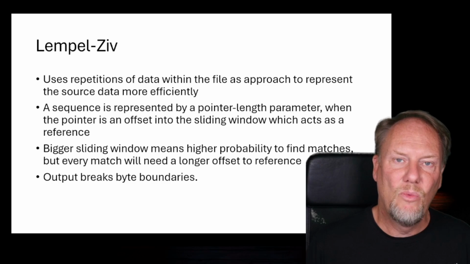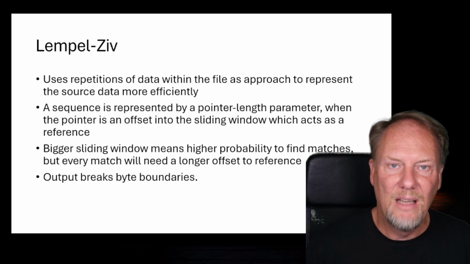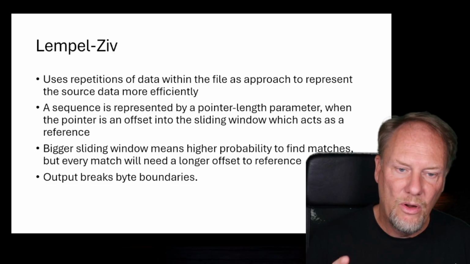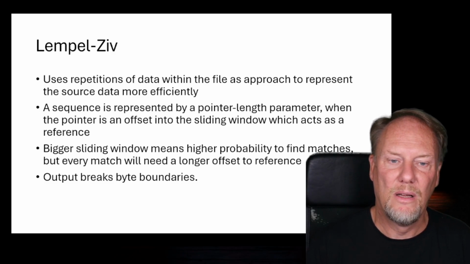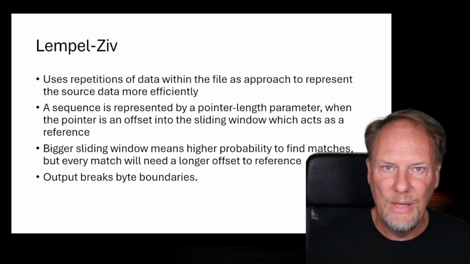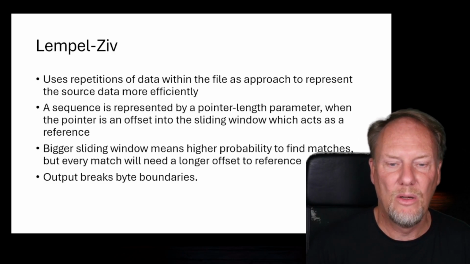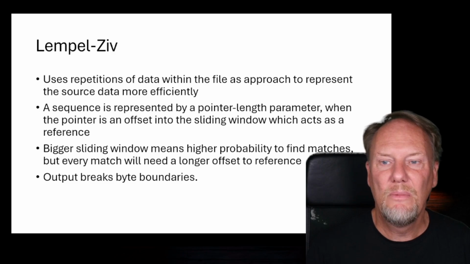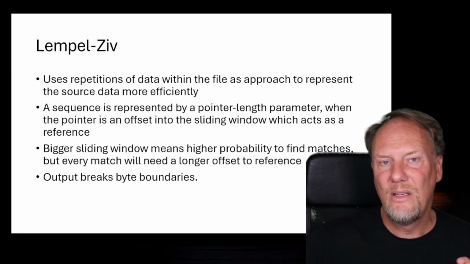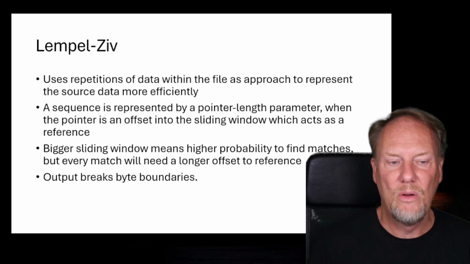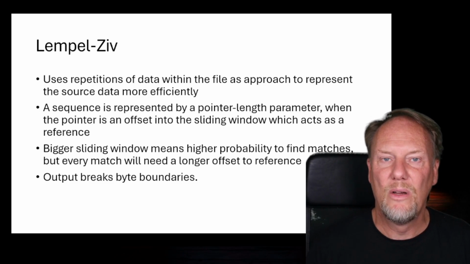And the bigger sliding window means that it takes longer to crunch, and you would also need a longer offset. That reference needs to be longer. You need more bits to be able to point to a bigger window. You are likely to find additional sequences in that window if you increase the window.